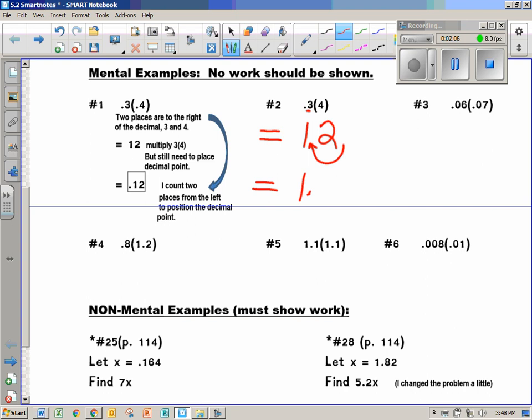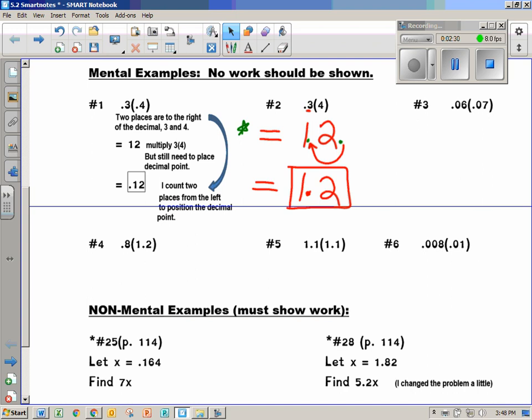So my answer is going to be 1.2. Now, I don't really recommend that you write this step right here. I'm just writing that basically for note purposes. So here's where you're always starting and you're moving to here.